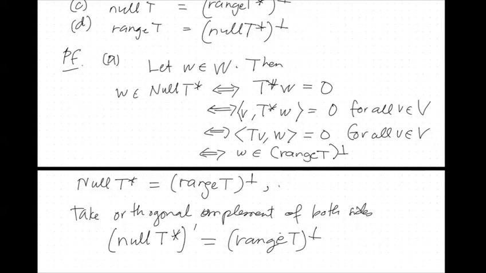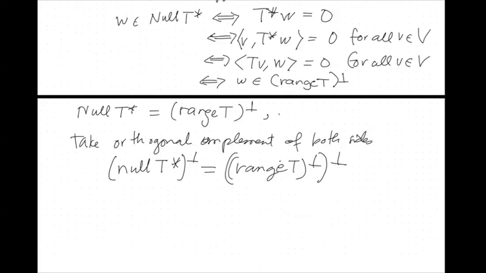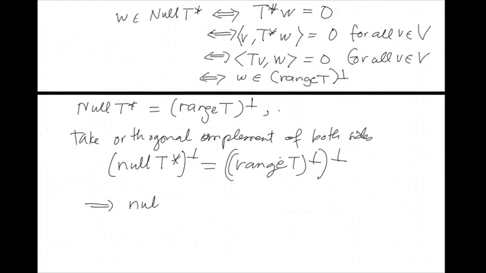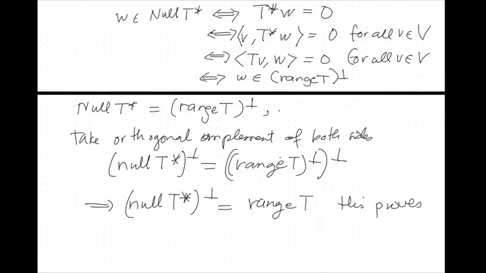And if you take the perp of this, then you get T perp equal to the range of T. This proves our letter D. Okay, so the rest are the same flow of proof.